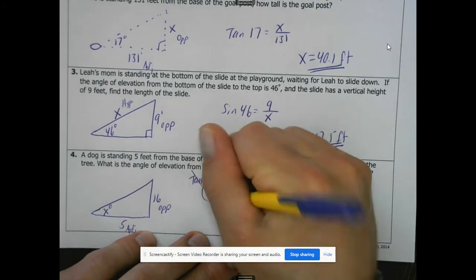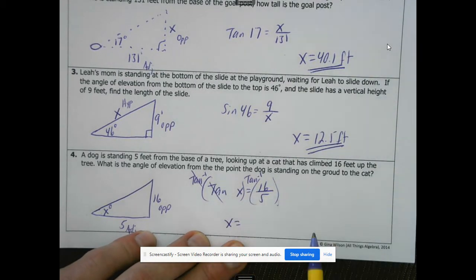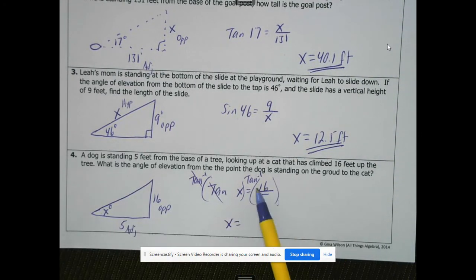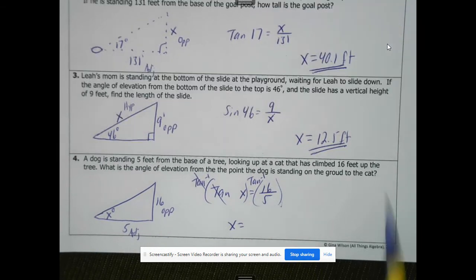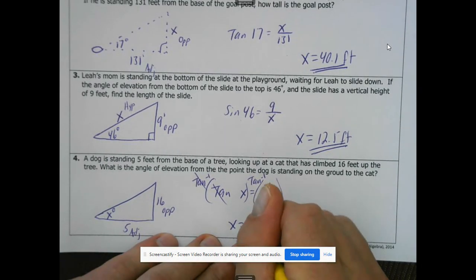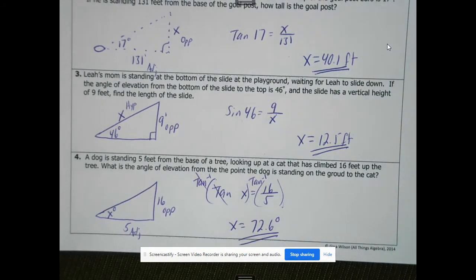Left side, they cancel out. Bring down the X. Then in your calcs, type in second button first, then the tangent to bring up the inverse tangent, then type in 16 divided by 5. So inverse tangent, 16/5 equals 72.6 degrees. Backside.